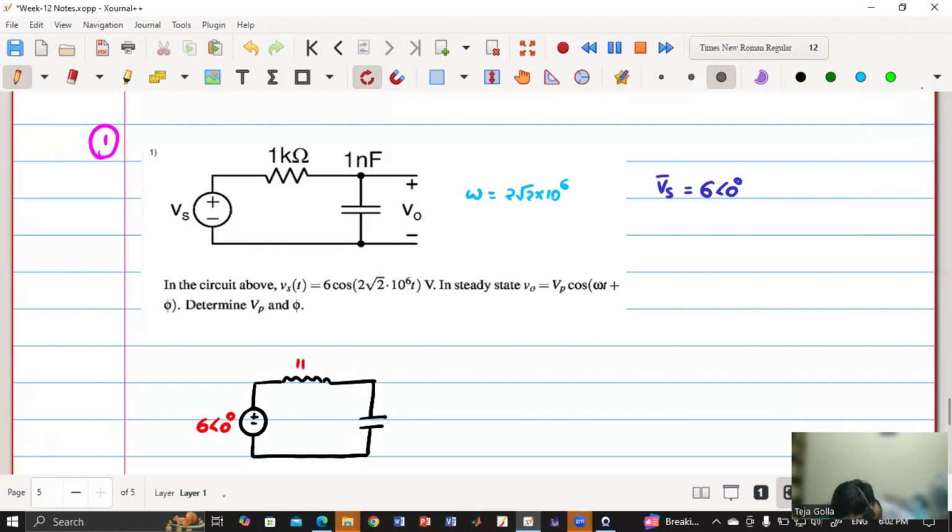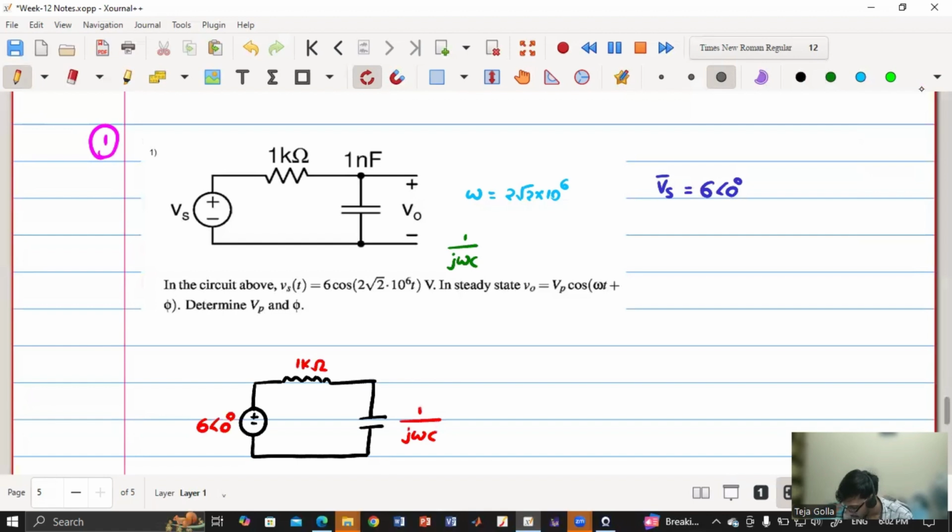Resistor is 1 kilo ohm. And what is capacitance value? 1 nanofarad. 1 by j omega c, right? Can you tell me what will be the value of 1 by j omega c? Or for the time being, let it be 1 by j omega c. We'll substitute at the end and then we'll see.